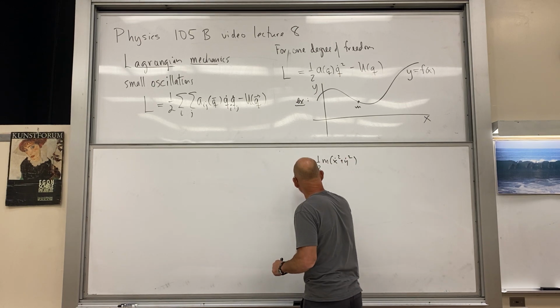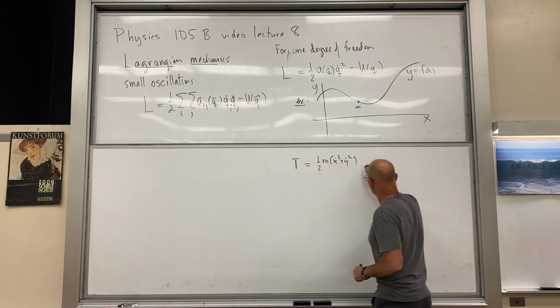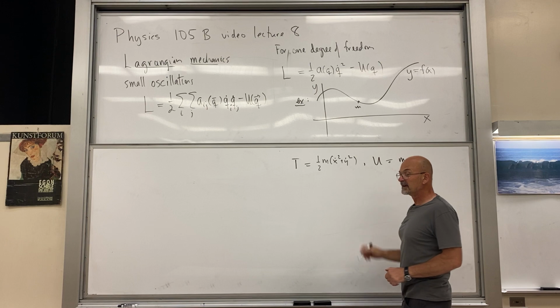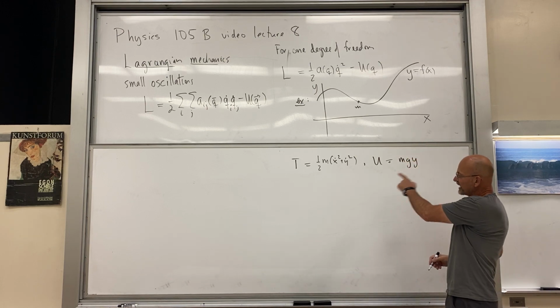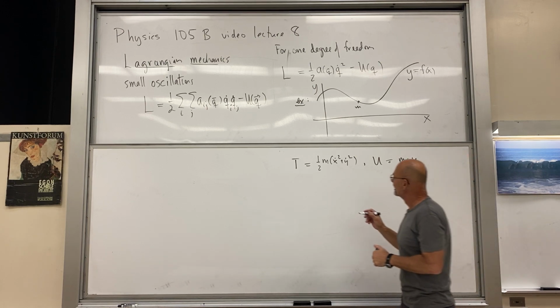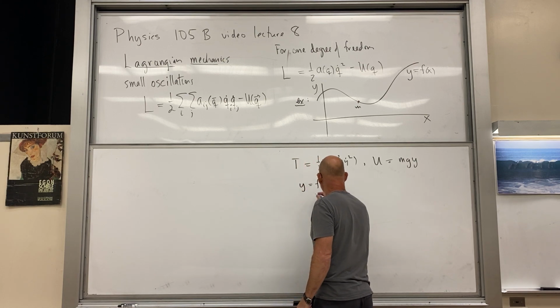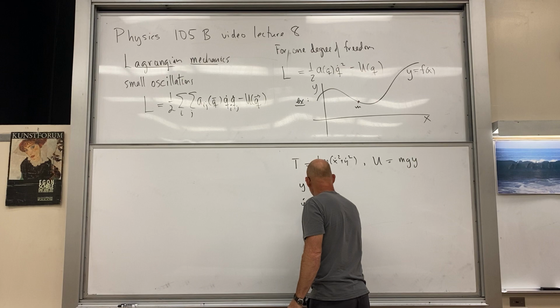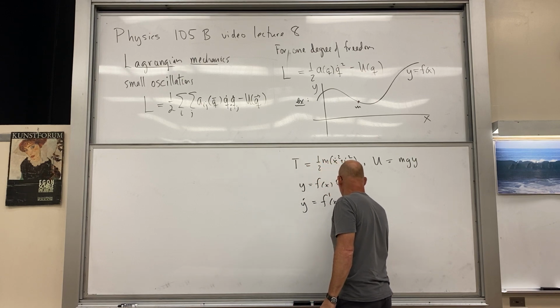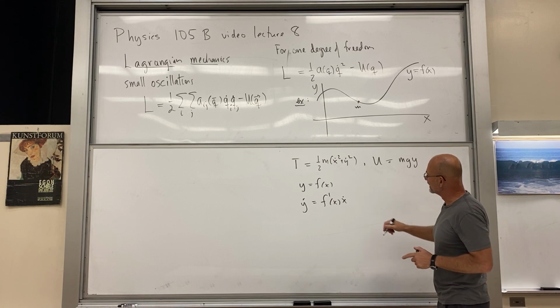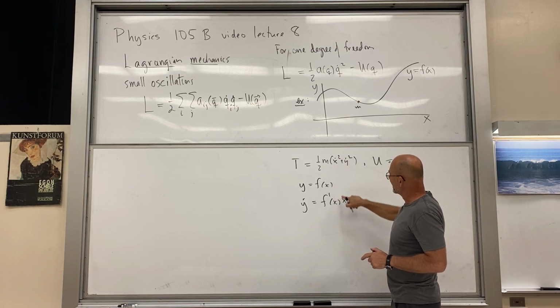This is just the kinetic energy. The potential energy is mgy. But that's not yet a Lagrangian. We have y equals f of x. y dot is equal to f prime of x, x dot. Okay. And now when we build this in, we're only going to have the x here.